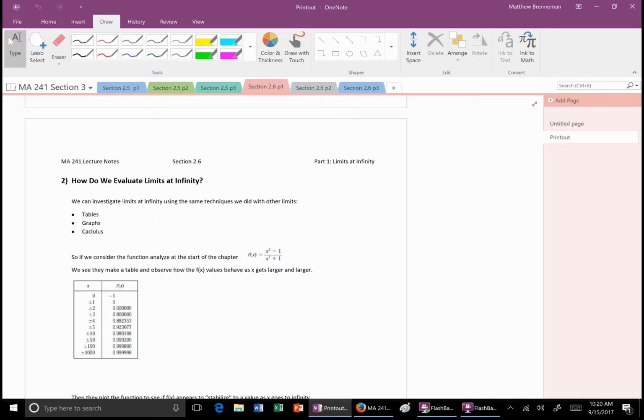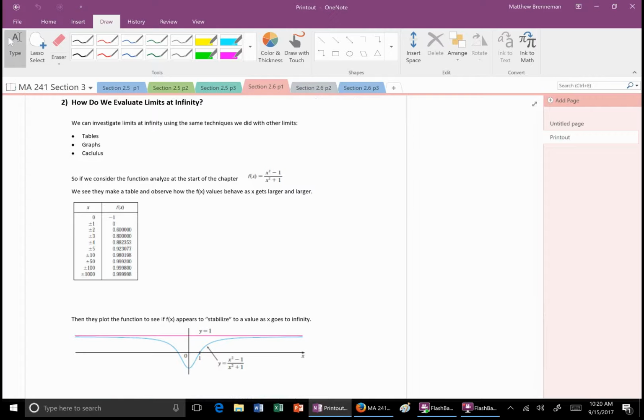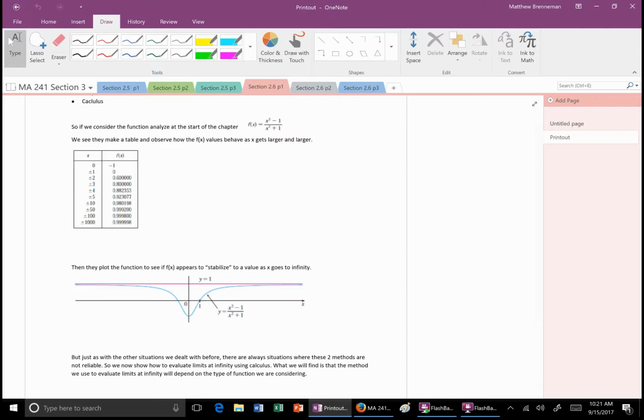Just take my word for it, that these are not always the best ways to proceed. Plots can be very deceiving. And so it's one of the reasons why we use plots in mathematics to kind of guide our intuition.